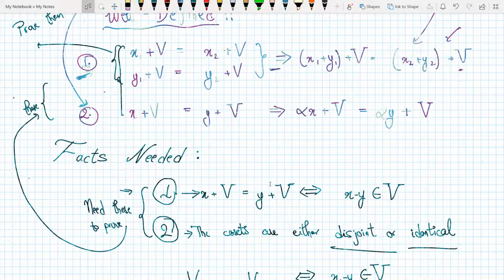We need to prove this one in order to prove these two above. It's simple set theoretical arguments. And another fact that I need in order to give the structure is that the cosets are either disjoint or identical.